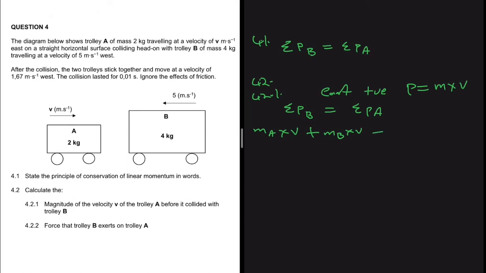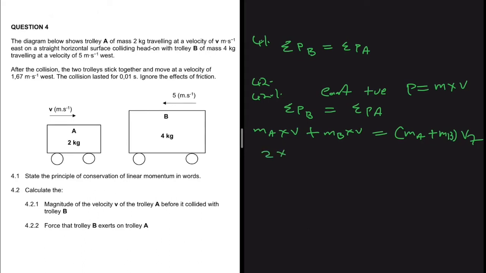This will be equal to, we are told that after the collision they move together. They become one body, so we can add up the masses. So we have the mass of A plus the mass of B multiplied by vf that they move with together. What is the mass of trolley A? 2 kg.